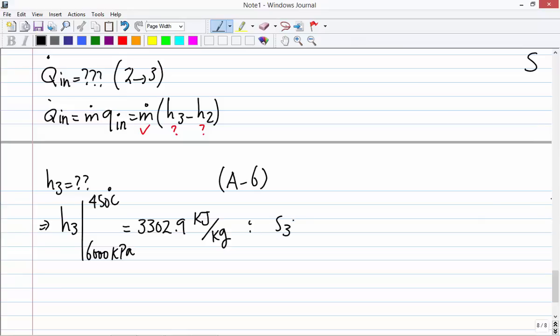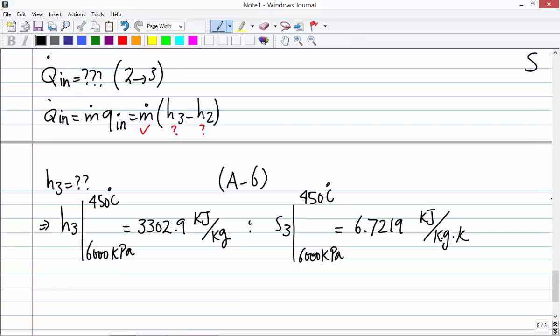And S3 at 6,000 kPa and 450 degrees C would be 6.7219. What's the unit? Kilojoule per kilogram Kelvin. Awesome.